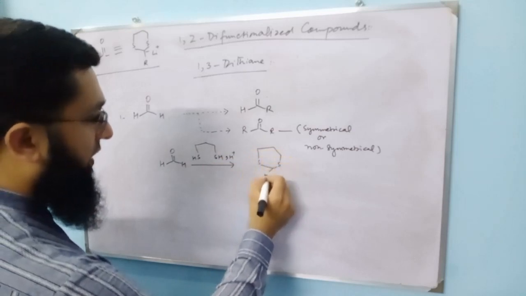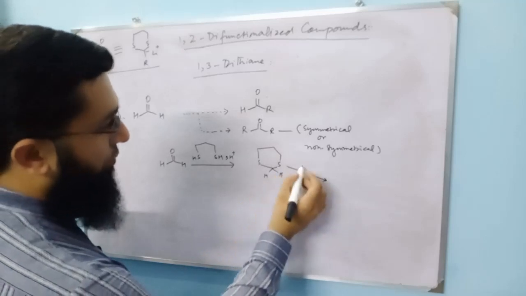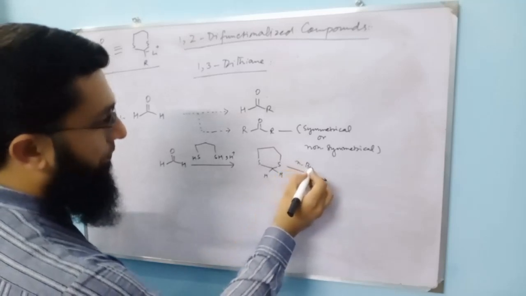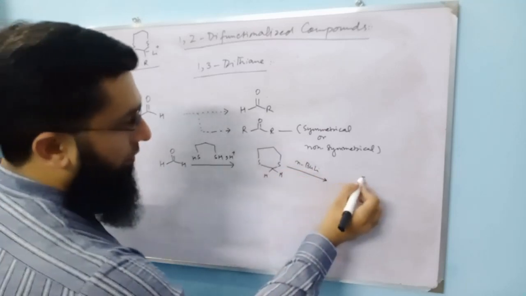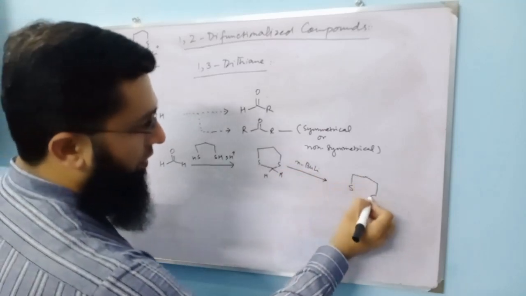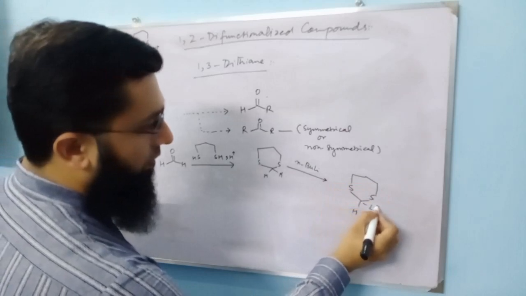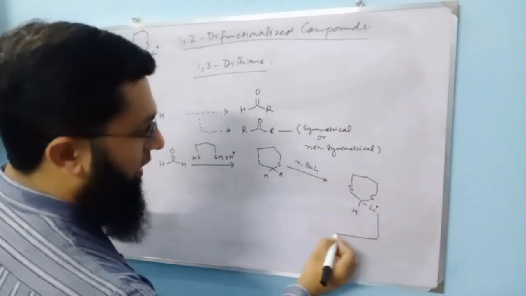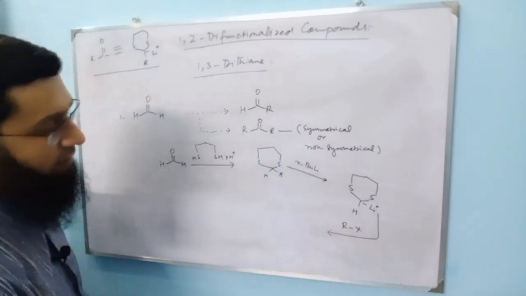into a dithiane, and we can use n-butyllithium to abstract this proton to form the Corey-Seebach reagent, and this would be allowed to react with any alkyl halide.